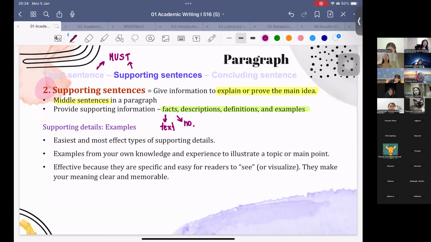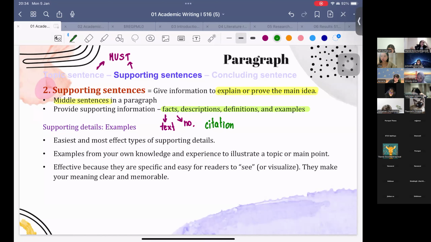It can be fact-based, that's why I call it text, or it can be numbers, which is statistics. Normally, if you use statistics or fact-based, it should come with citation as well, academically. You probably need to include the citations. We will talk about how to do citation later.